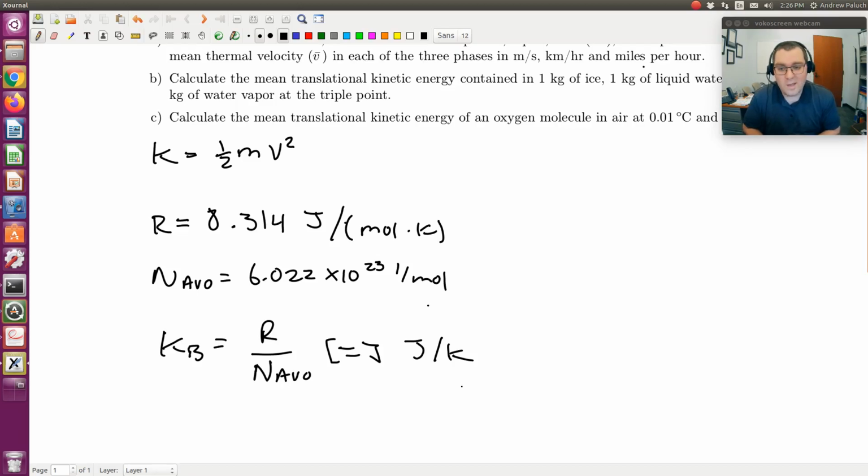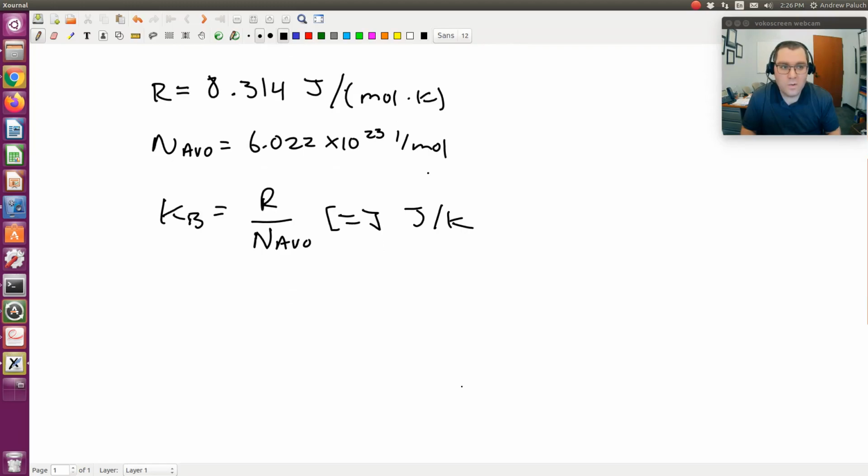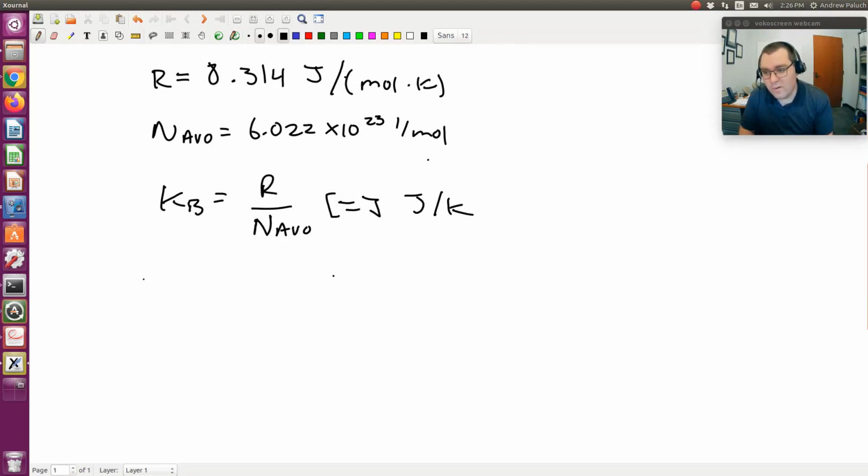If you wanted to calculate the mass of something, I know the molecular weight of water, for example, is 18 grams per mole. So if I wanted to know the mass of a water molecule, the relevant conversion factor of interest is just going to be N Avo.